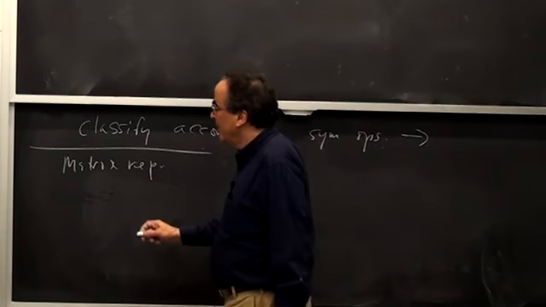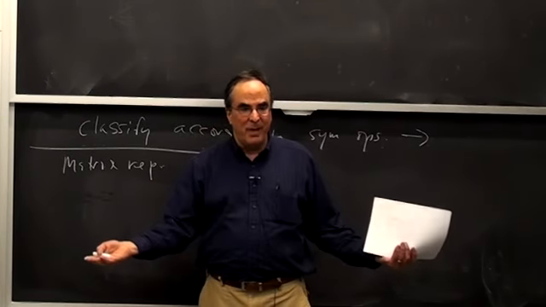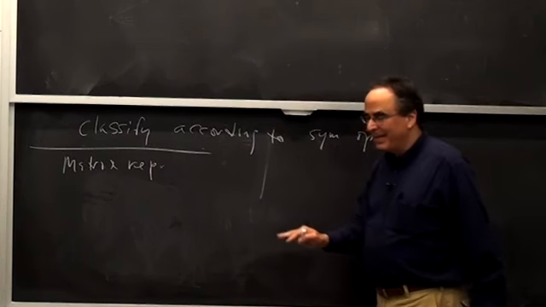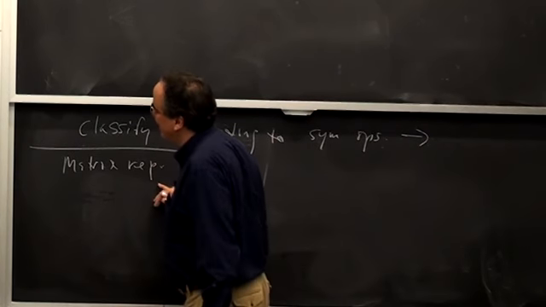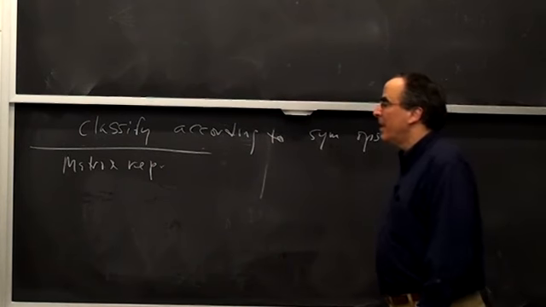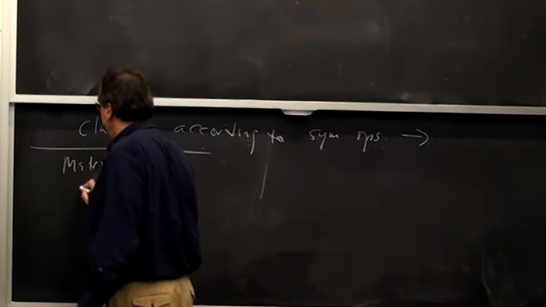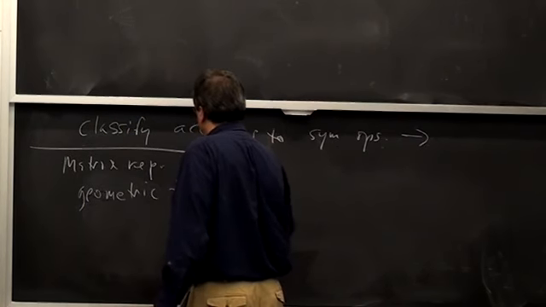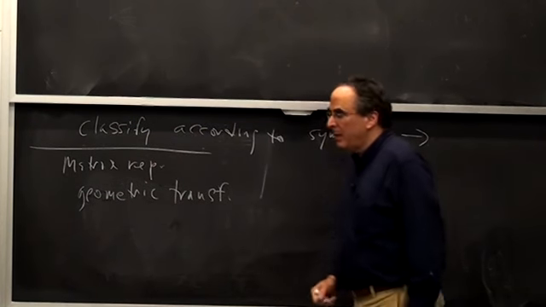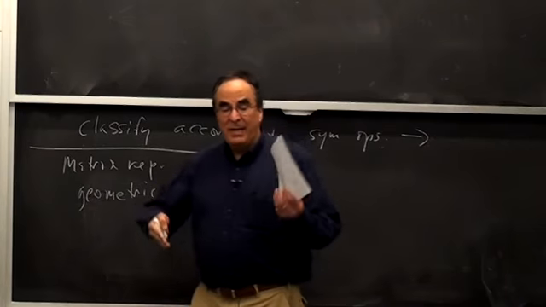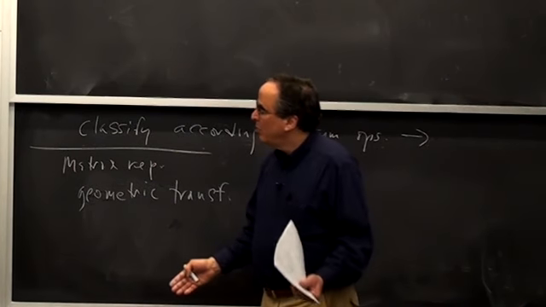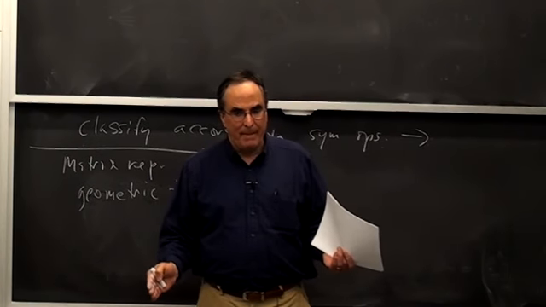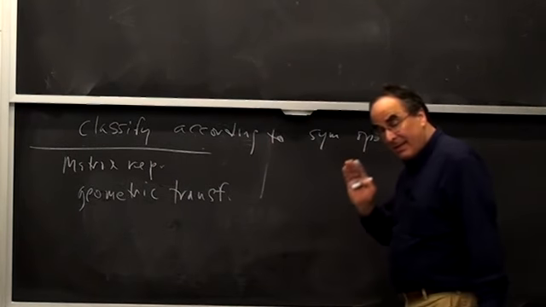Sometimes the multiplication table has lost a lot of information. So 1 times 1 is always 1, and you can represent a lot. Yes. So there will be matrix representations. Now, we're particularly interested in geometric transformations. So what we want to do is to find a set of matrices which are equivalent to each of the symmetry operations. Equivalent is a complicated thing.